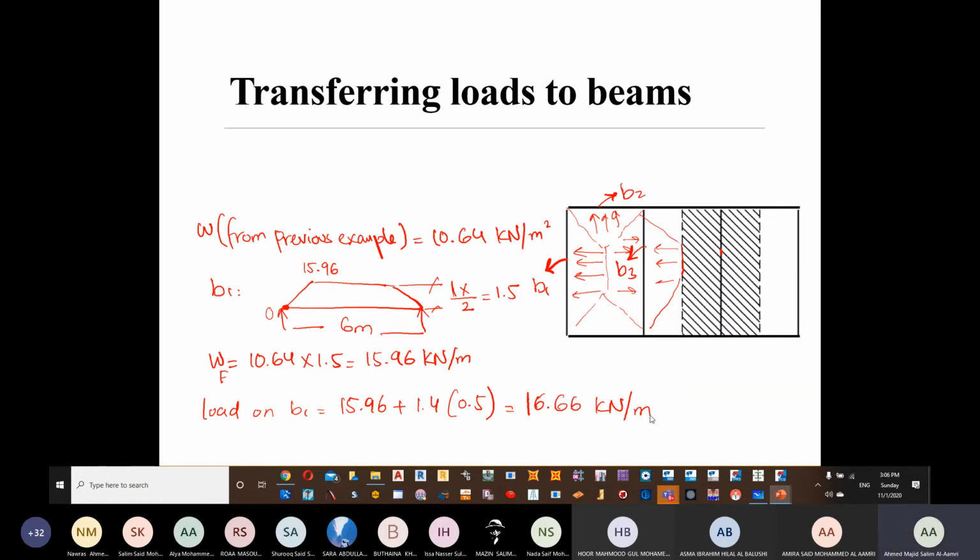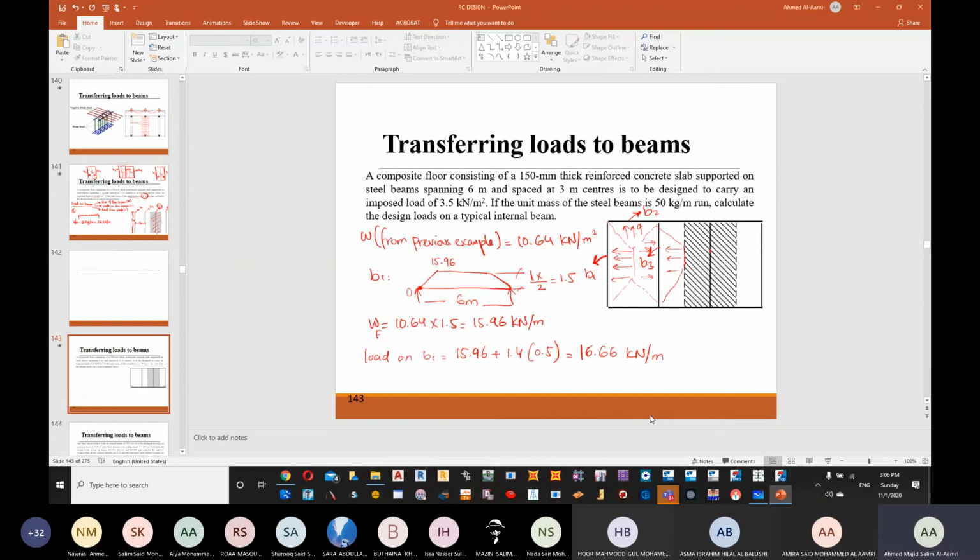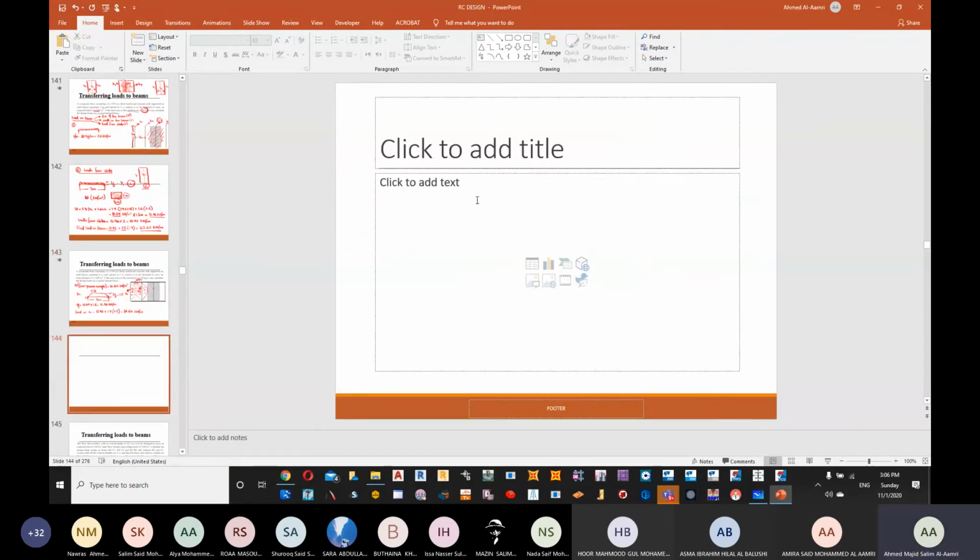Okay. Now going for another one. In the case of the triangle, the triangle is going to be 3 meters. And once again, we have said it's going to be Lx over 2, that is 3 over 2, so it's 1.5 meter.